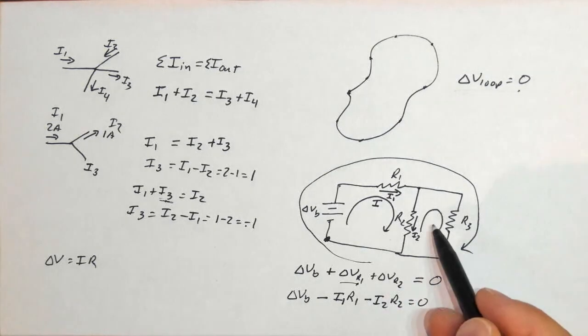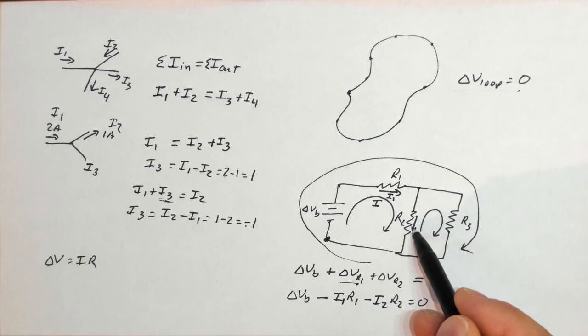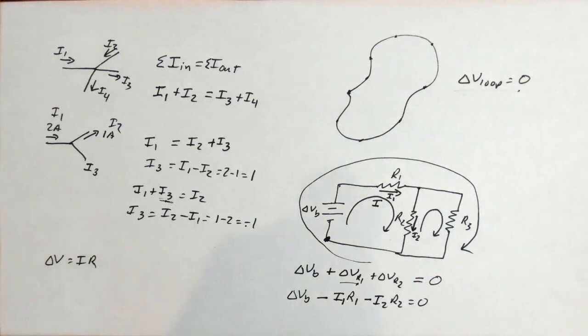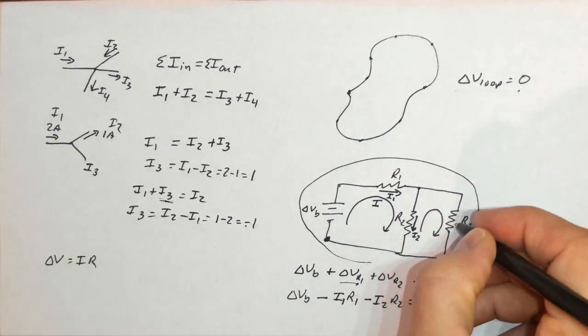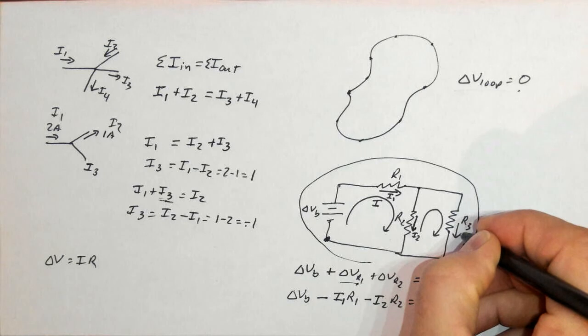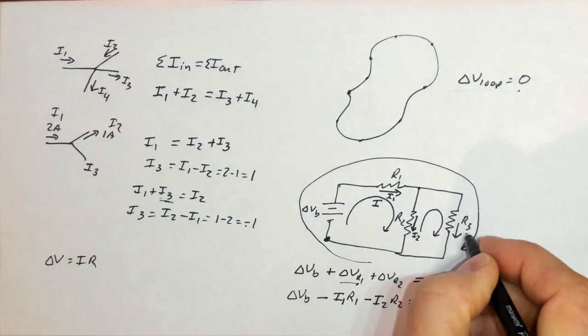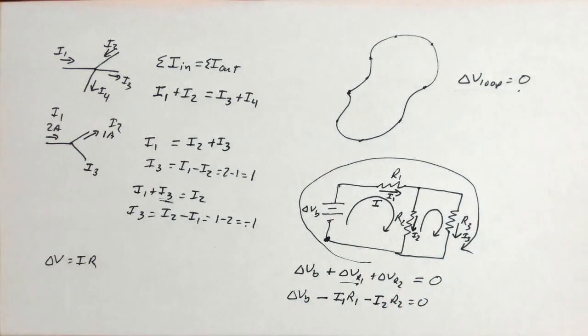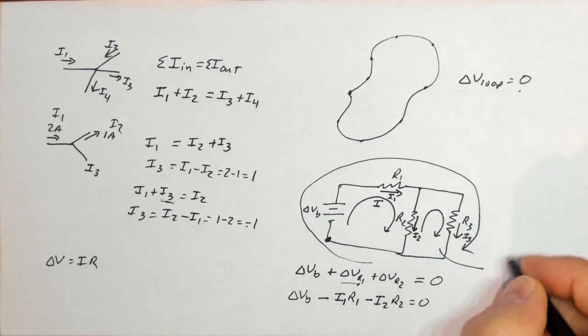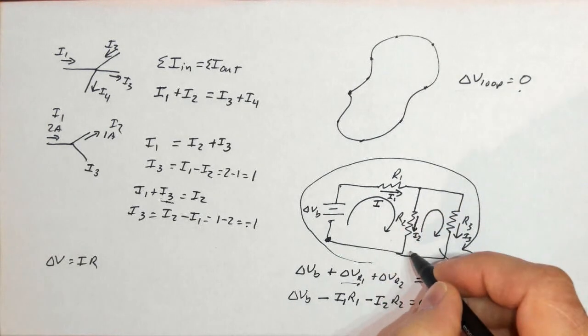For example, let's look at this one. We've already chosen this one to be down, which means I'm fixed. When I'm doing this loop over here, I can't change that because I've already chosen that to be down. Now I'm going to go ahead and choose this one to be down. I'll call that I3. And so if I do this loop now, let's say I'll start right here.